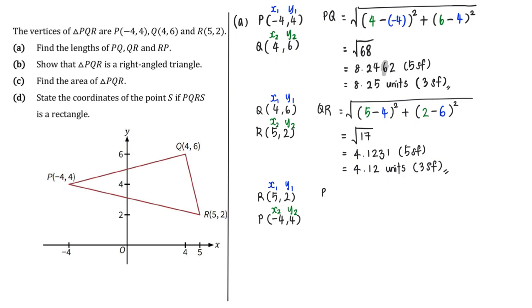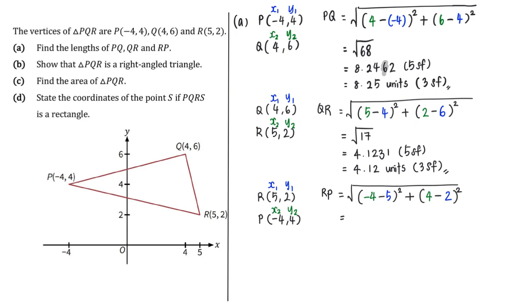RP will be equals to the square root of -4 minus 5, bracket square, plus 4 minus 2, bracket square.